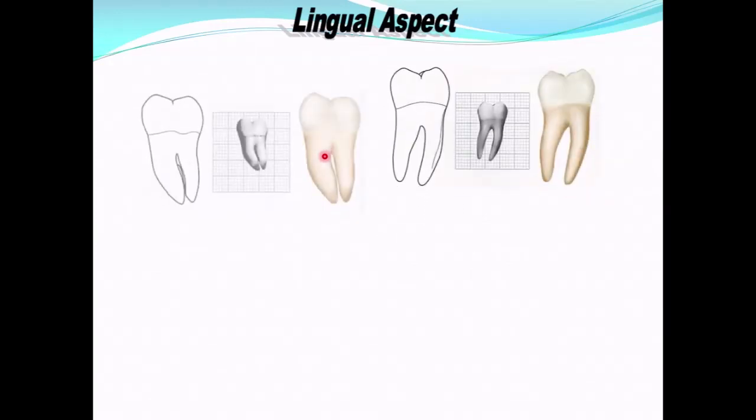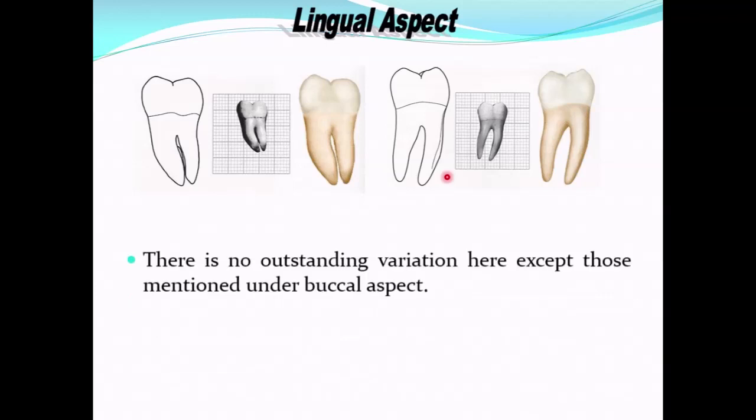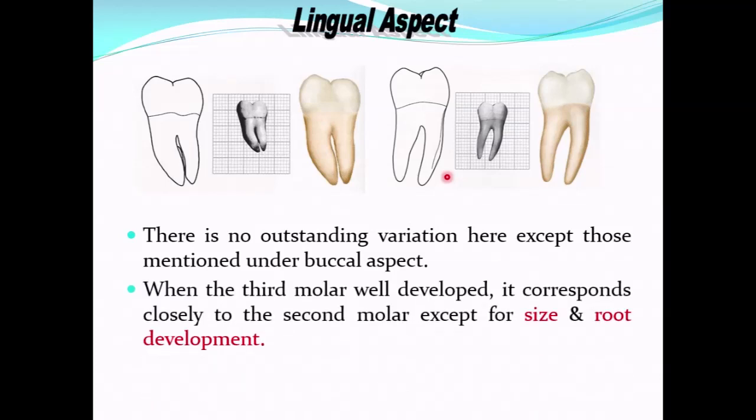The lingual aspect: this is the mandibular second molar, this is the mandibular third molar, this is right, this is left, with distal and mesial sides. There is no outstanding variation, just more of the differences we mentioned in the buccal aspect.